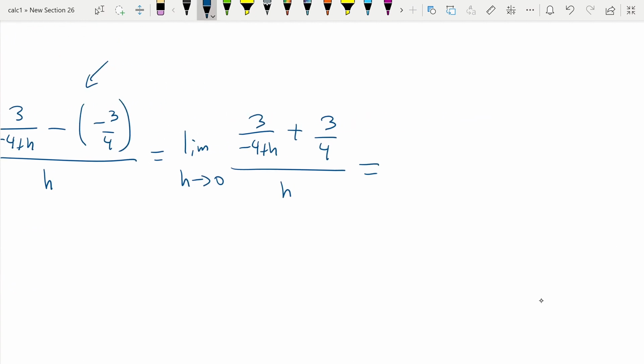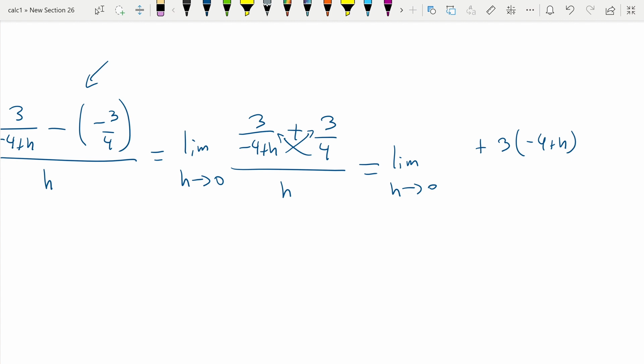Again, we need to find a common denominator, so we cross multiply: 3 times 4, and 3 times minus 4 plus h. And we get 12 plus 3 times minus 4 plus h.